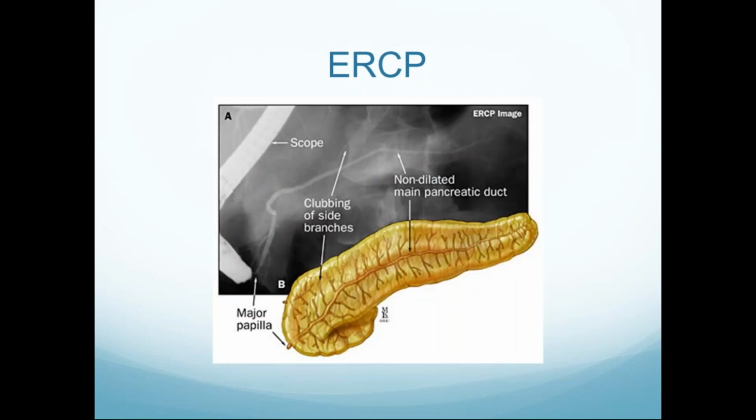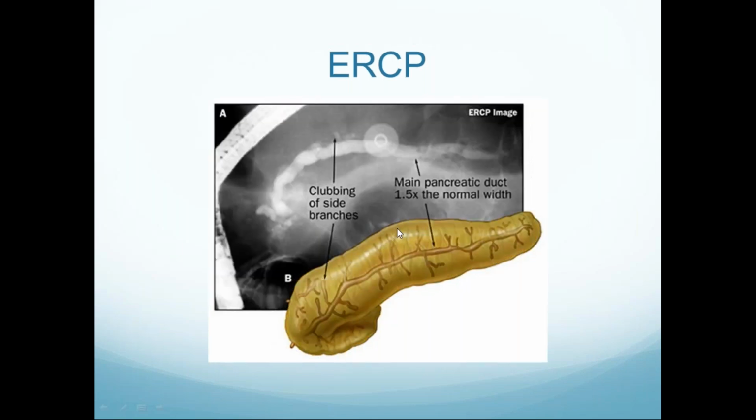So in chronic pancreatitis, there will be clubbing of the side branches. This is the other ERCP image of a pancreas suspected of chronic pancreatitis, where there is a non-dilated main pancreatic duct. So this is the normal pancreatic duct level. Okay. So these are the side branches. In the ultrasonography, we mentioned that dilation of the pancreatic duct will be present.